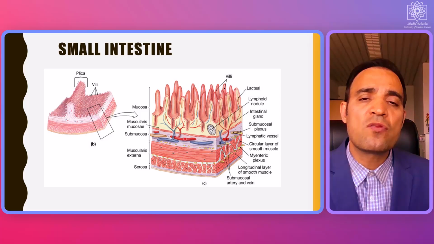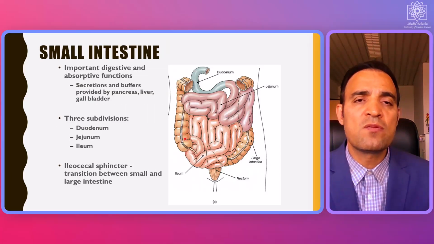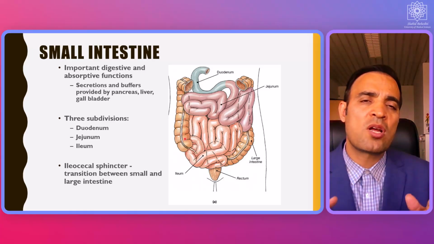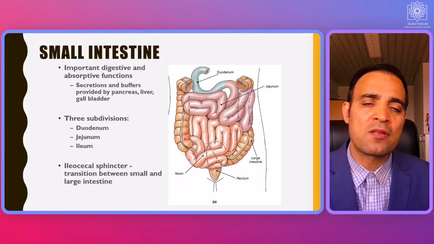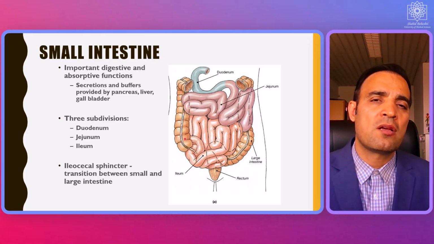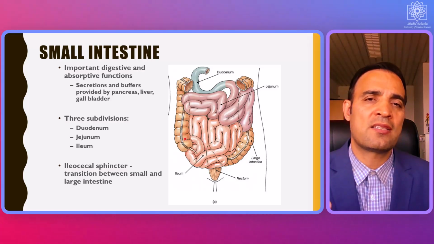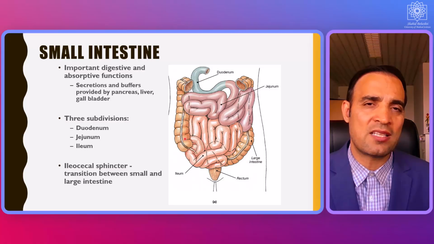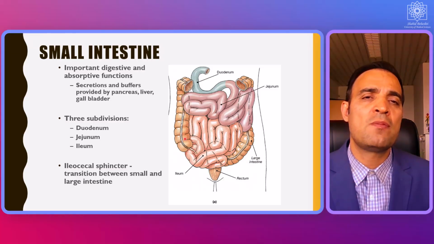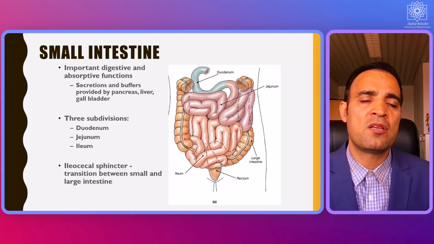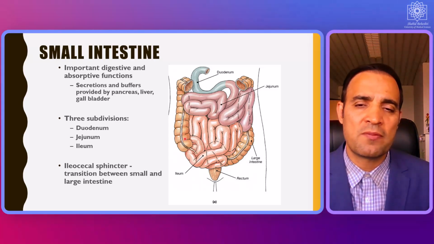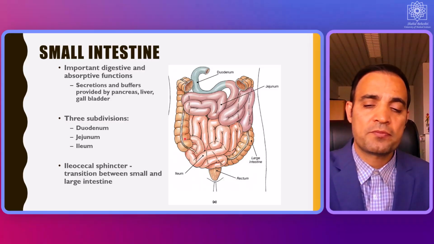But when it moves forward, gradually water and electrolytes will be absorbed, and therefore it starts to become semi-fluid, and then semi-solid and solid, and finally a solid remainder, that is stool, will be excreted from the body, or rejected from the body by the rectum.